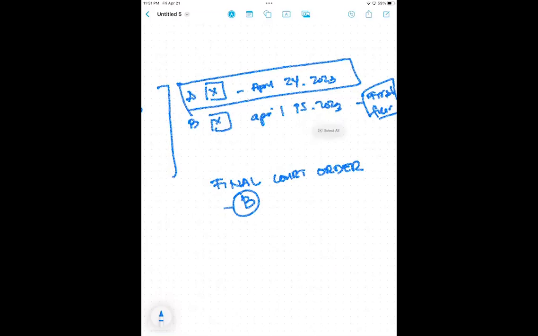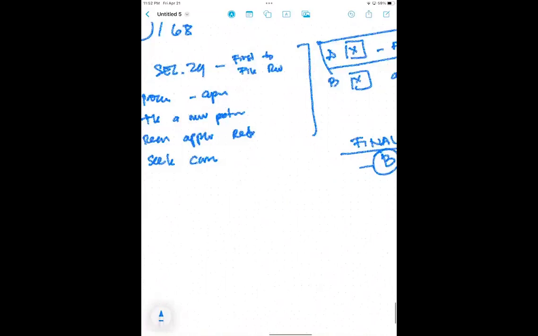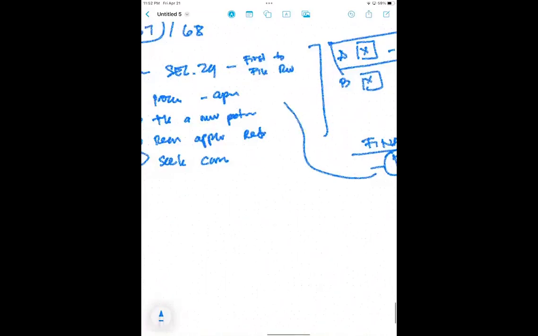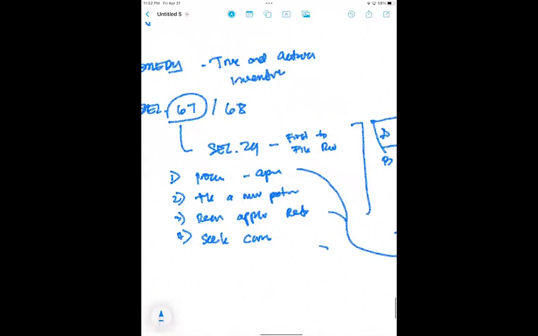What are the remedies of B? So dapat may final court order muna. Ha? Walang final court order, don't apply section 67. Okay? What are the remedies of B in this case? Ito yung apat na to. Prosecute the application as his own, file a new patent application, request the refusal of the application, or seek the cancellation. Now, what about this true and actual inventor?